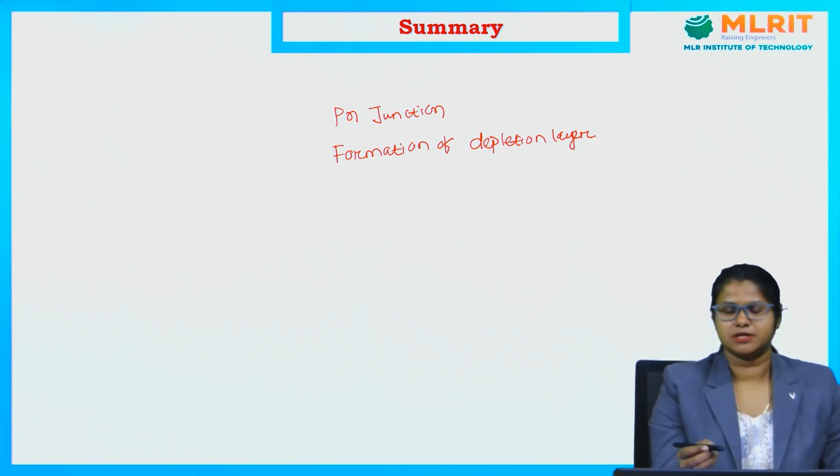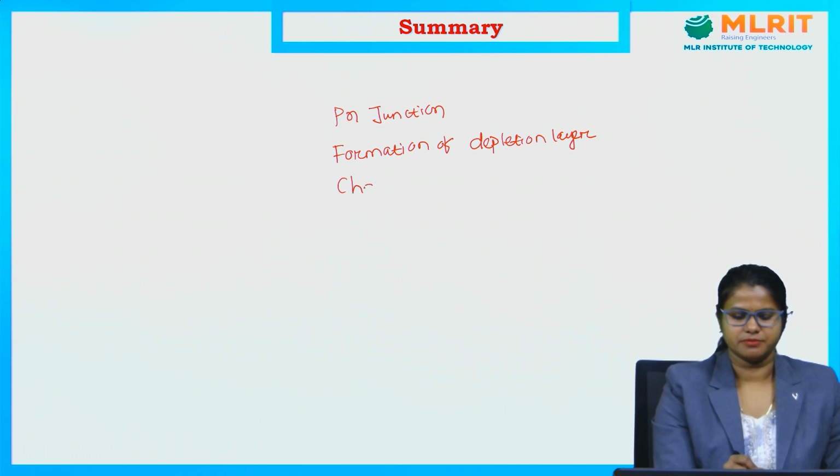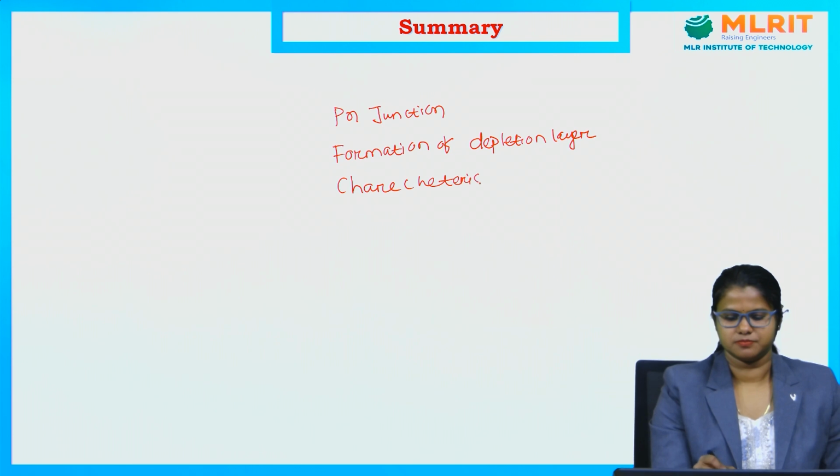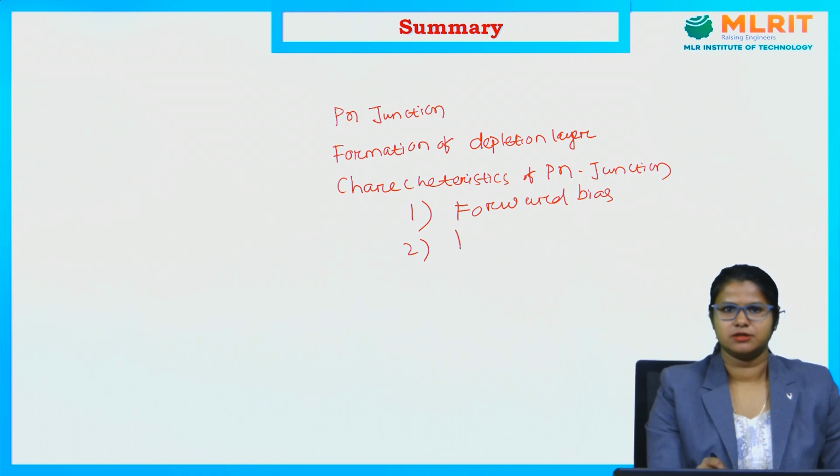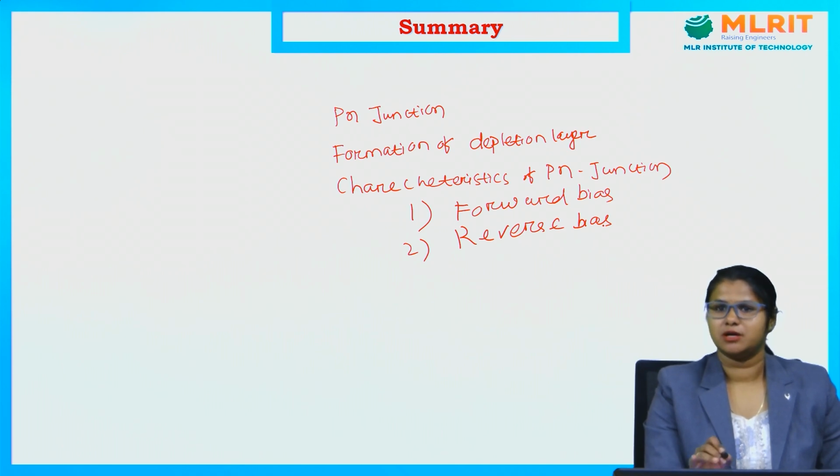Then we studied the characteristics of the PN junction, in which I discussed the forward bias and the reverse bias. I also discussed the unbiased condition where there is no flow of current.